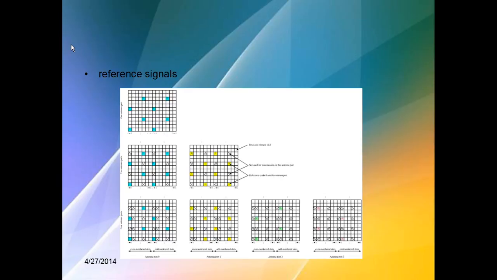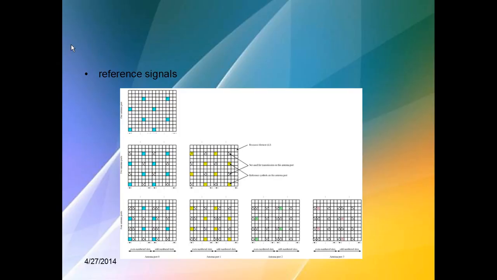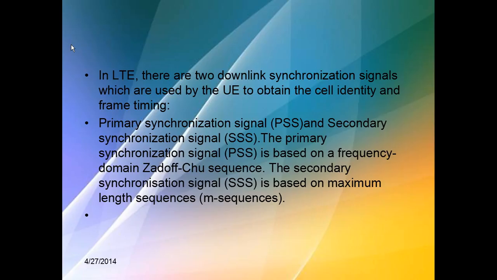The downlink physical signal consists of two parts. One is the reference signal and one is the synchronization signal. This is the mapping of the reference signal. In LTE there are two kinds of synchronization signals, which are used by the UE to obtain the cell identification and frame timing.